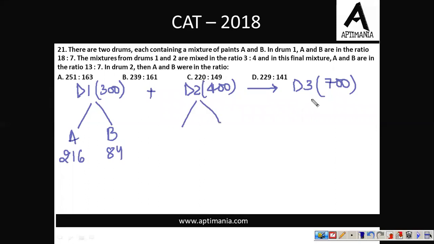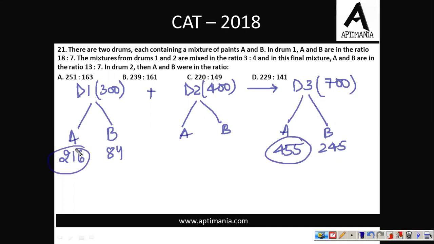Drum 2, as of now, we are not aware. But when we mix them, the final mixture A and B are in the ratio 13:7. So if we divide 700 in the ratio 13:7, we'll have A as 455 and B as 245 liters, right? Now, the total quantity of A is 455, out of which 216 is from drum 1.